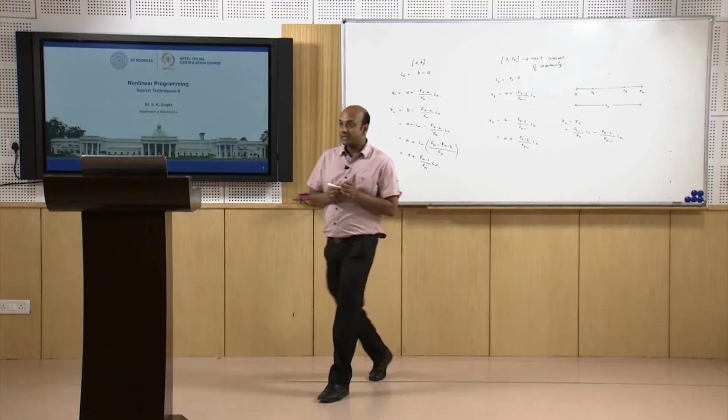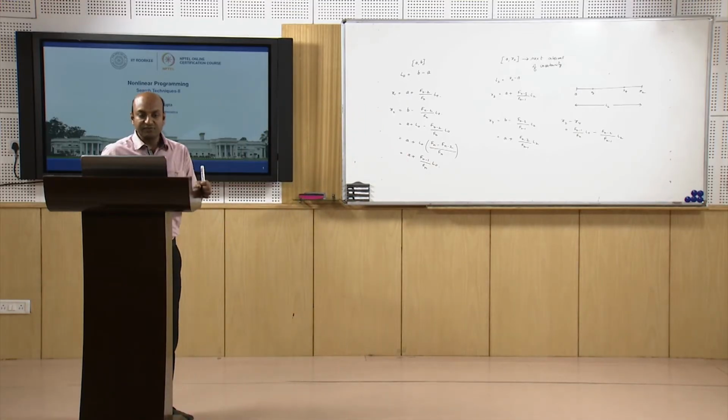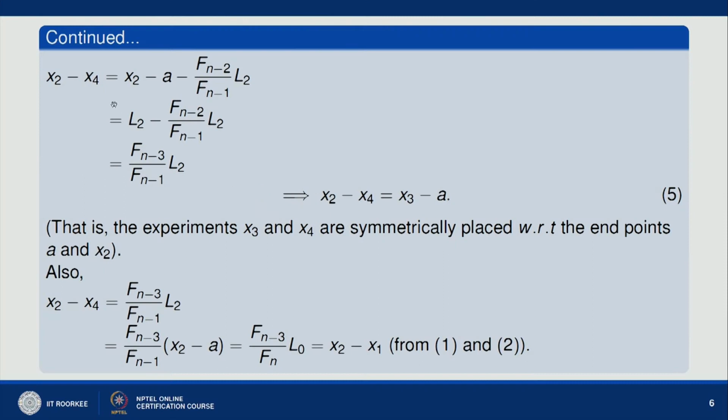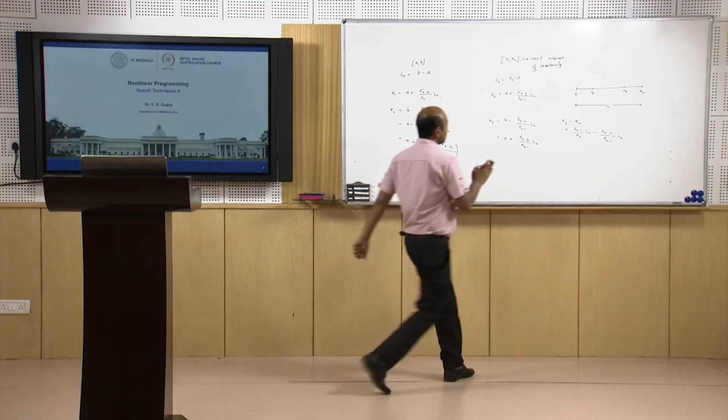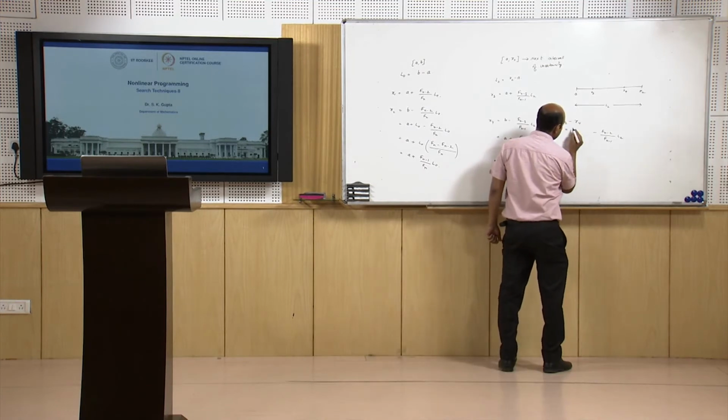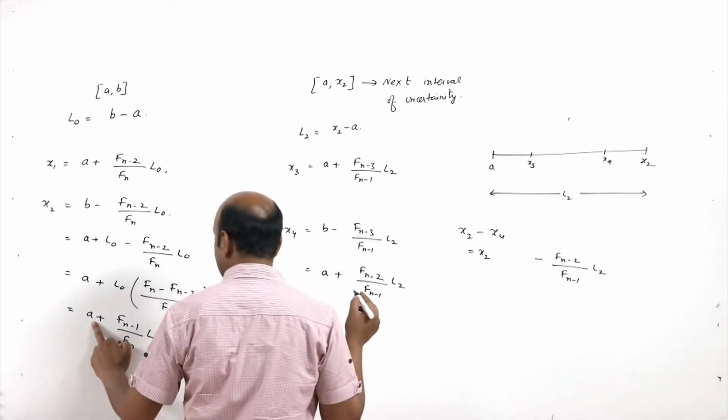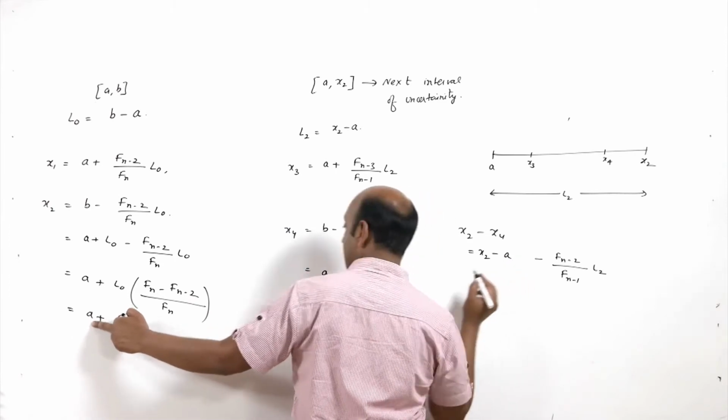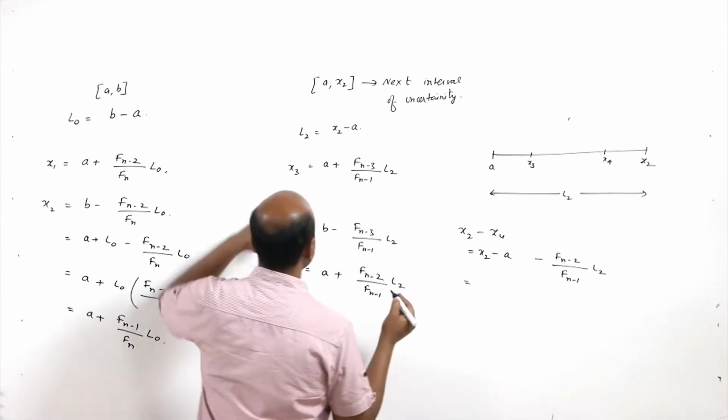So you see from the PPT, x2 is simply x2 and x4 is a plus Fn minus 2 upon Fn minus 1 into L2. Now x2 minus a is L2. So you simply take this x2, and x4 you replace by this, minus a minus this, and x2 minus a from here is L2.